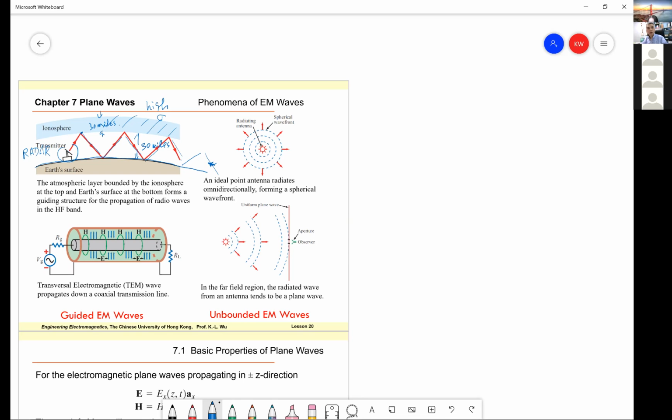And also the antenna array can create multiple beams of electromagnetic wave. We call the beam, let's say, if we use a polar coordinate, okay, then we can have a beam. That means we have a very high field strength in one direction.